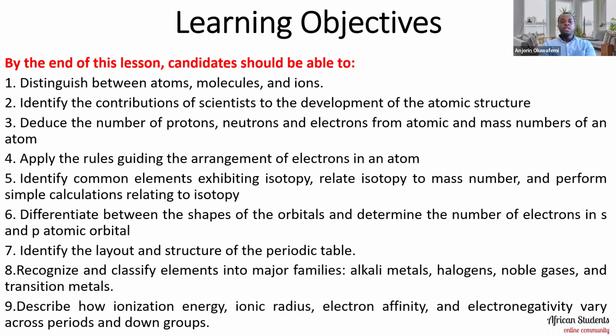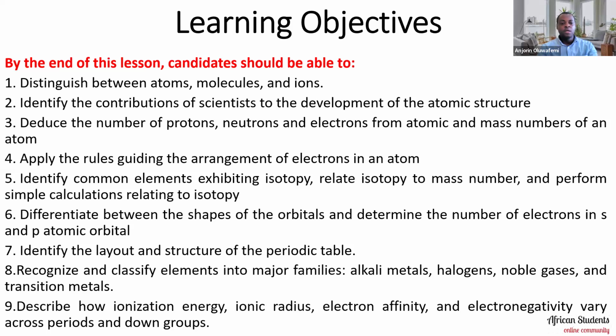It's also expected that by the end of this lesson, you should be able to differentiate between the shapes of orbitals and determine the number of electrons in an sp atomic orbital. Also, identify the layout and structure of the periodic table, recognize and classify elements into major families: the alkali metals, halogens, noble gases, and transition metals, and so on.